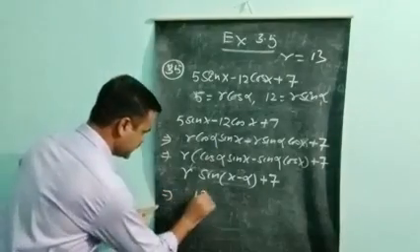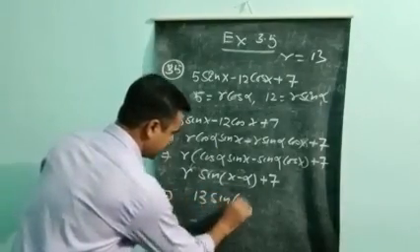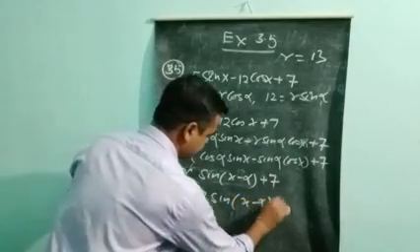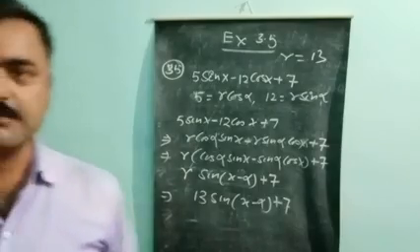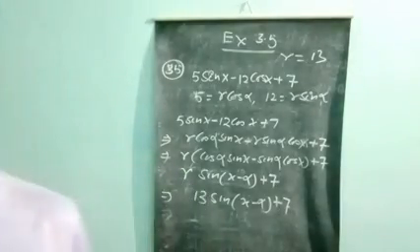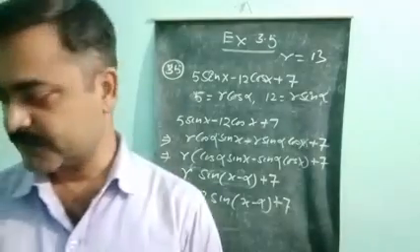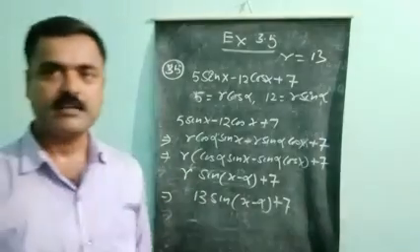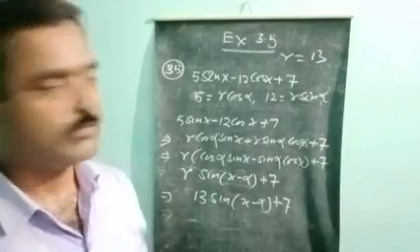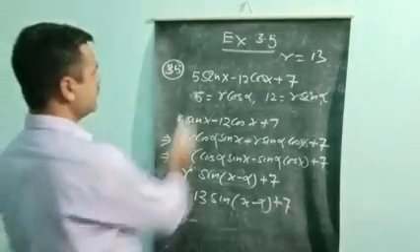So this is 13 sin(x minus alpha) plus 7. This we have got in general form, where we can very easily find the range of sin(x minus alpha). You know, sin varies from -1 to +1.